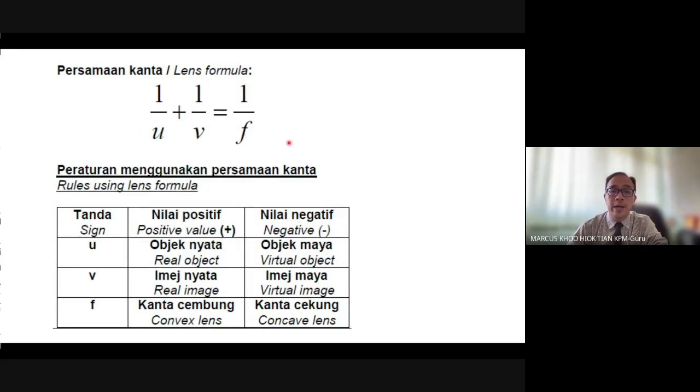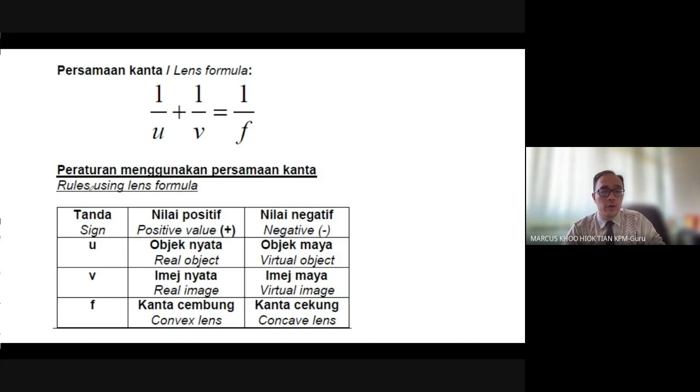If all three are in cm, there's no need to change the units. Just make sure all three are in cm, or if all three are in meters, make sure it's all in meters. Not a problem. The one thing you have to be very careful of is the situation in which you have to use the formula. I would actually ignore the u part, because the u part is a little bit strange.